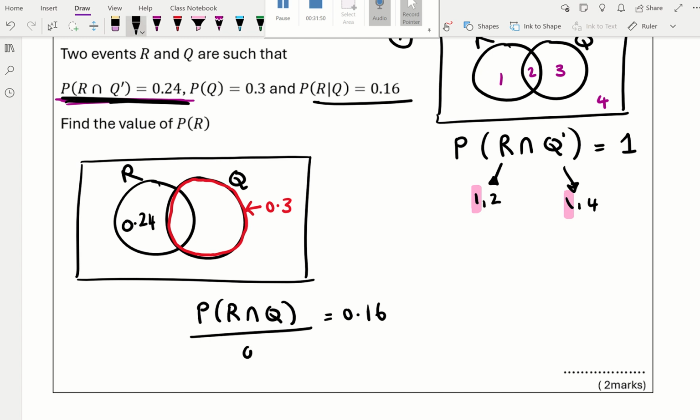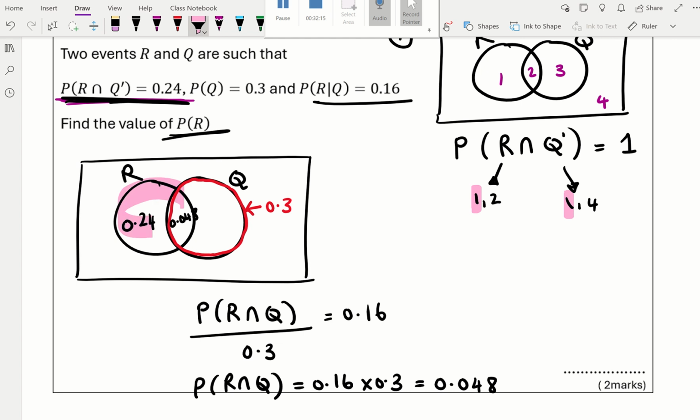Well, I know what Q is. Q is 0.3. So I can find the intersection by doing 0.16 times 0.3, and I get 0.048. So this is 0.048. And the question says, find the probability of R. The probability of R is therefore 0.24 plus 0.048.